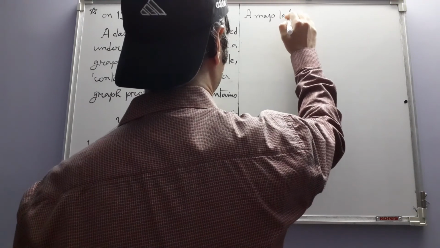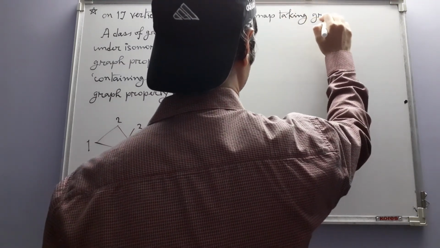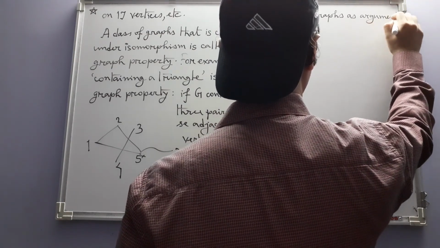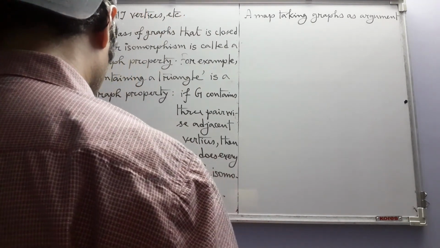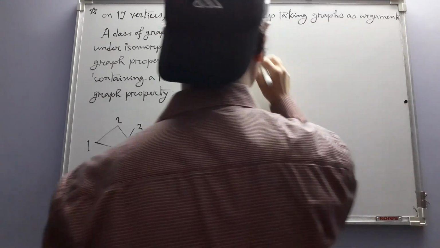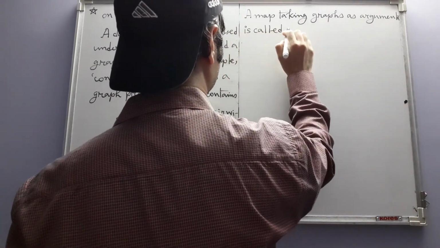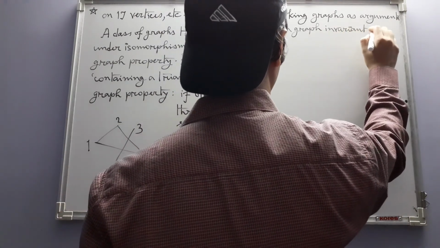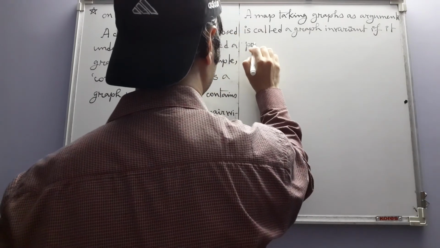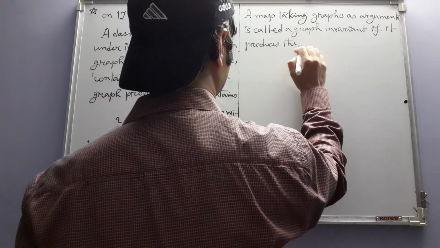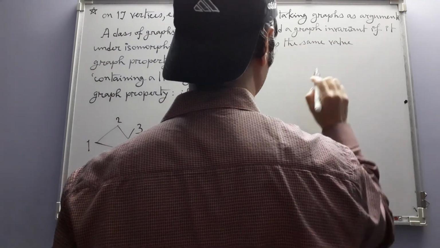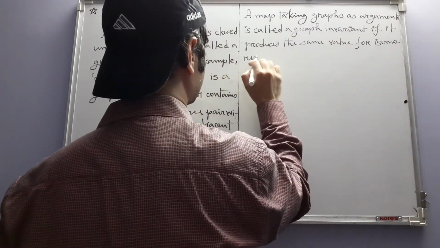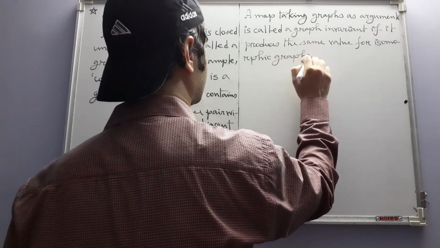A map taking graphs as argument and is called a graph invariant if it produces the same value for isomorphic graphs.